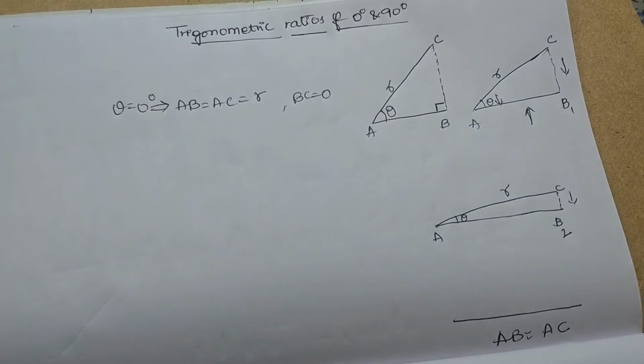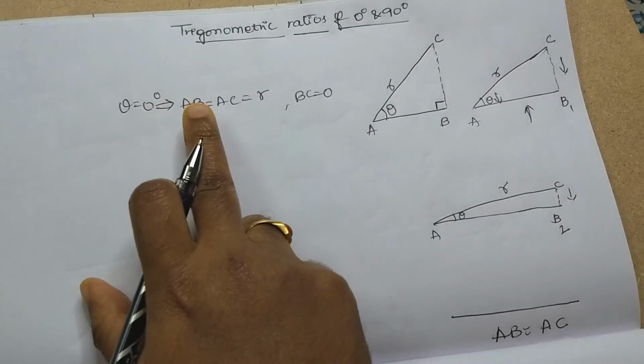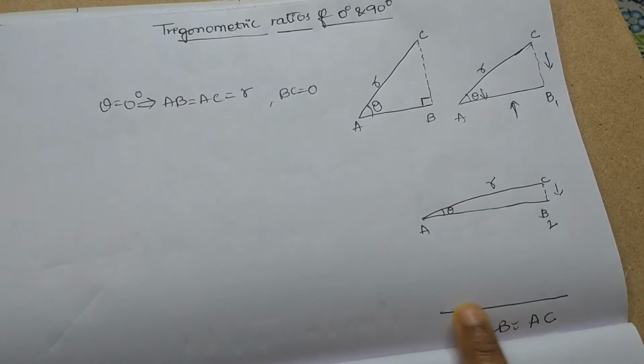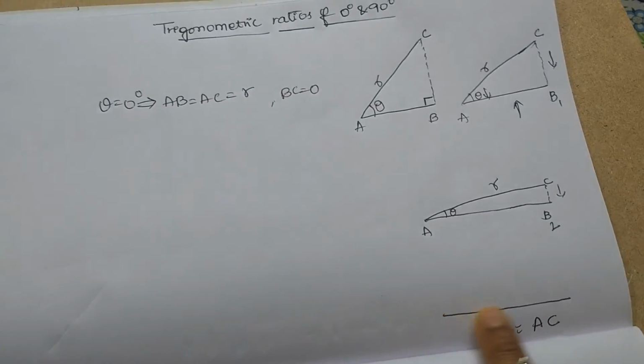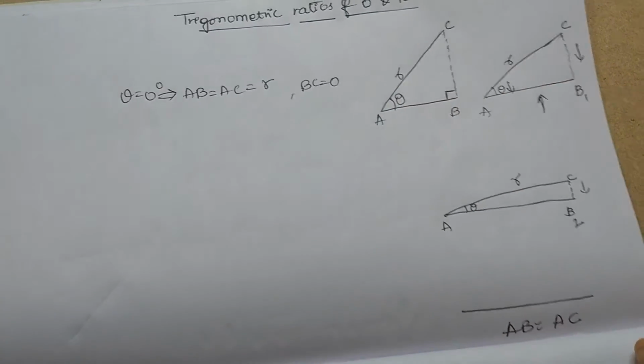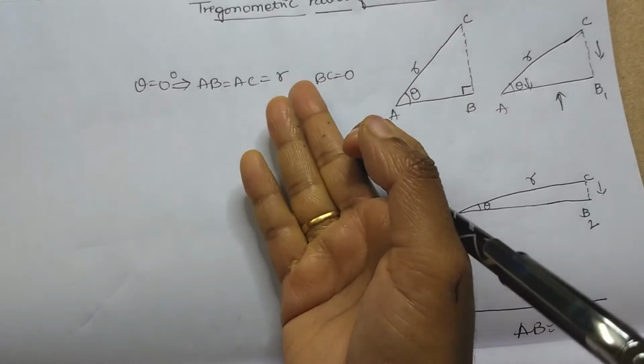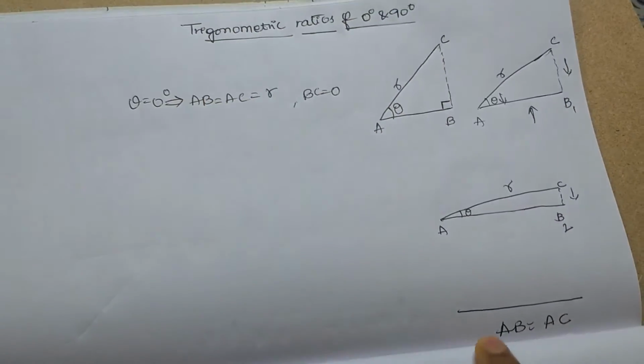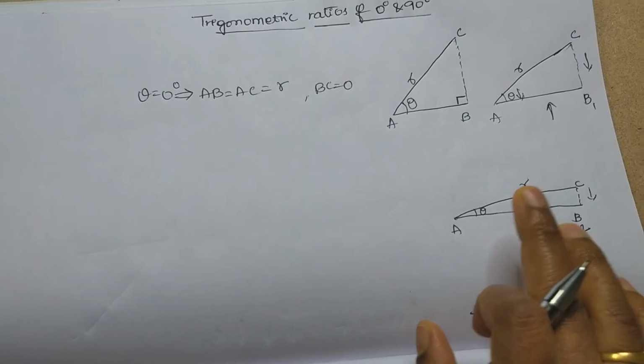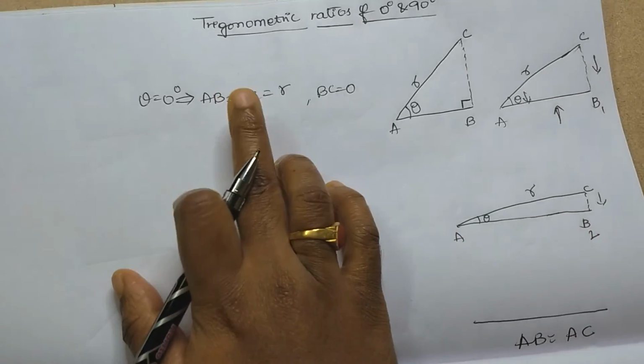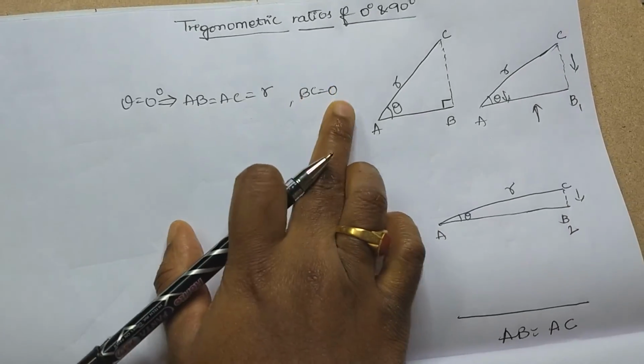Clear? This is the concept. If theta is 0, AB will be equal to AC. The ladder is placed horizontally, no height at all. If there is no height, then BC equals 0. So horizontally AB and AC values will be same. That's why I have taken AB equals AC equals R.